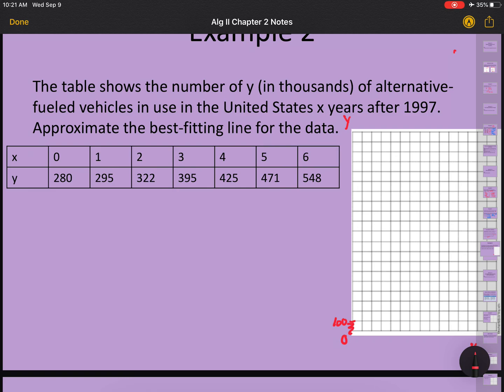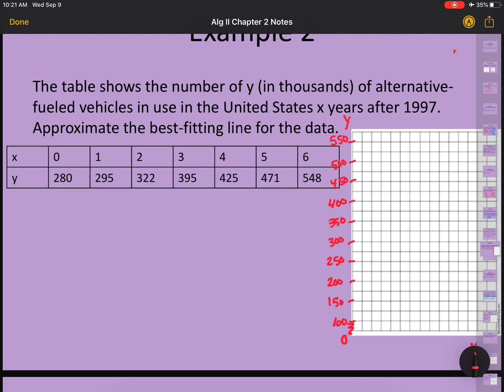Okay. And then I'm going to go 150, 200, 250, 300, 350, 400, 450, 500, and 550.